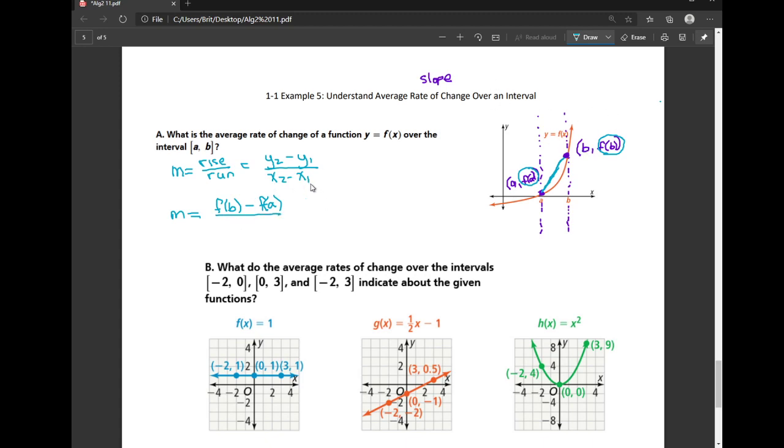Then we divide by, remember to make sure that your ordered pair matches, b minus a. If you flip them, like if you do a minus b here, but b minus a there, then your slope comes out backwards. So the average rate of change here would be f of b minus f of a over b minus a.